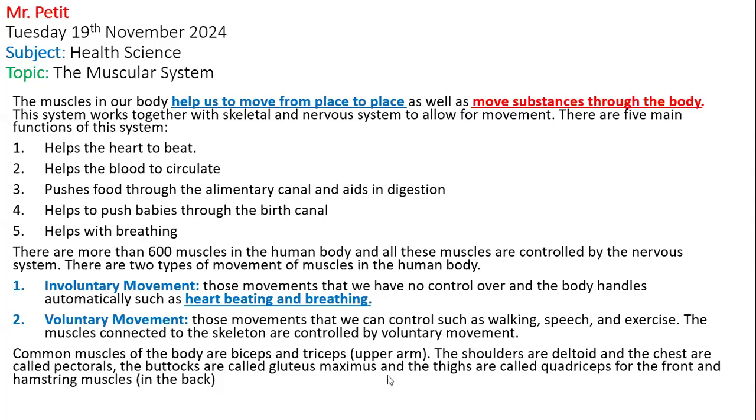Pectorals. The buttocks are called what? Gluteus maximus. Very good. The thighs are called quadriceps, that's for the front, and the back is called what? Hamstrings. Very good.